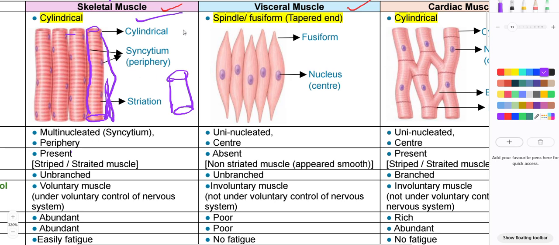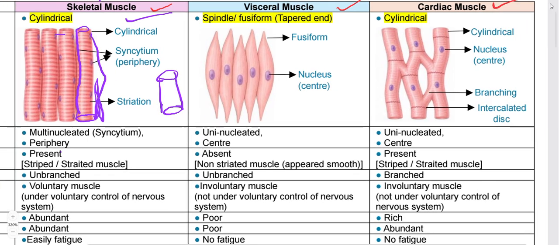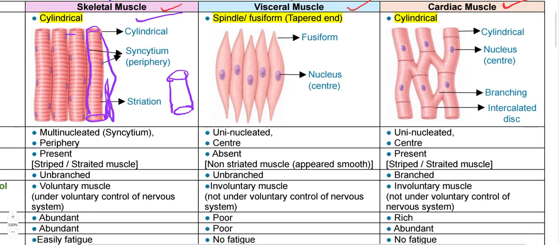This is very important with respect to the PYQ. Skeletal muscle is cylindrical, but when you see the visceral muscle, which is also called smooth muscle, why visceral muscle? Viscera means internal organs. When you do MBBS, you will study in detail internal hollow organs and all these definitions, but right now it is not required. So simply you can remember the internal organs.